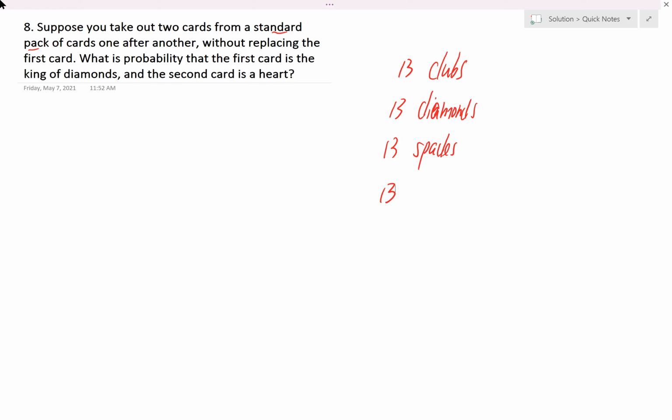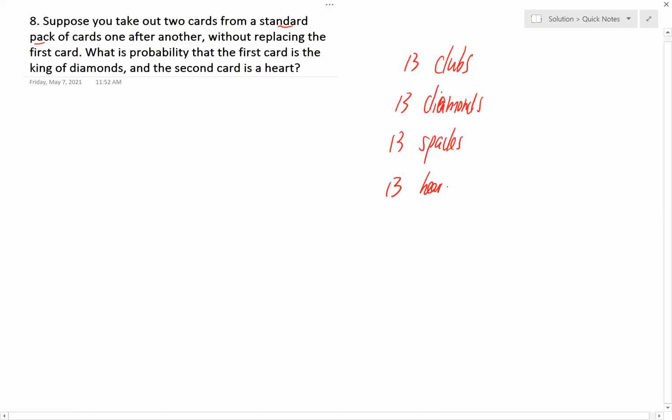Let me think, what is that? It's hearts, right? I forgot hearts. Okay, so we know that the total will be 52 cards with the 4 suits.